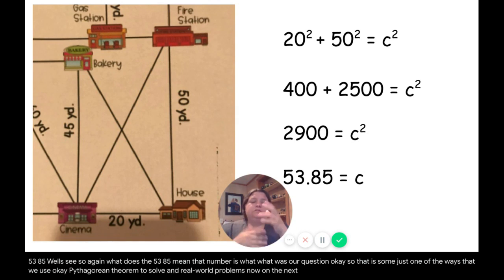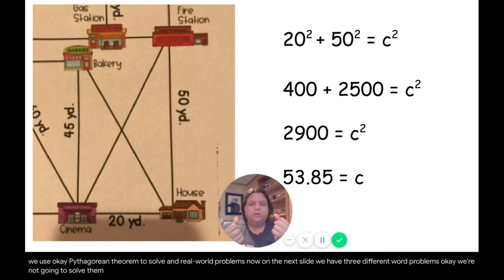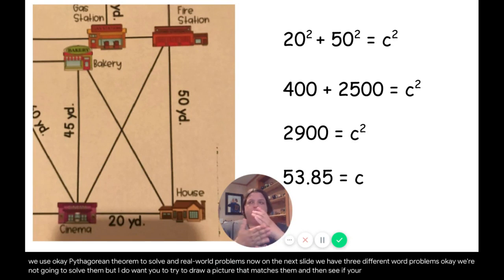Now on the next slide, we have 3 different word problems. We're not going to solve them, but I do want you to try to draw a picture that matches them, and then see if your picture is right.